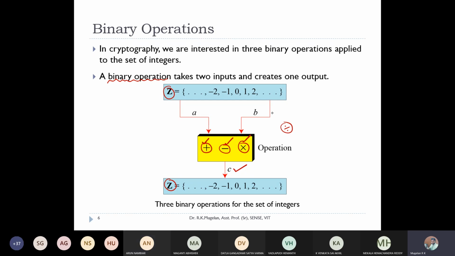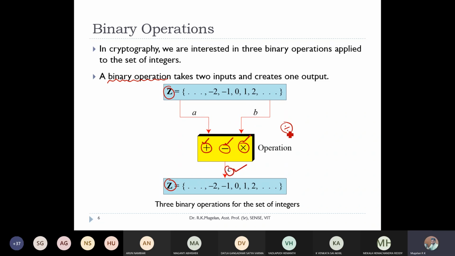Okay, any other answer? As Venkat also said the same thing, we can't get full values. What people have said is correct, but in an easy way to say it, the name binary operation means I take two inputs and I should get only one output.